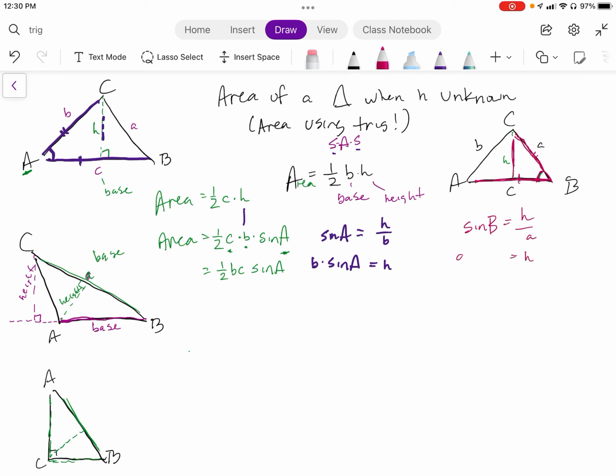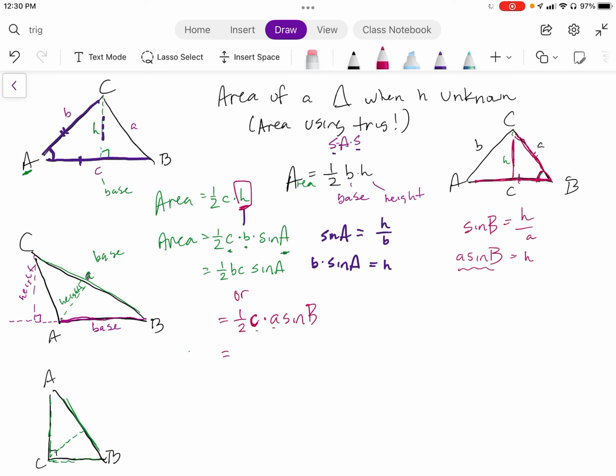So h is a sine B. If I plug that into the formula, half the base times the height, I still know c in this case, but instead I have h as a sine B. So I'm making this substitution here: 1/2 c times a sine B. That shows you another form of this, depending on what we know.